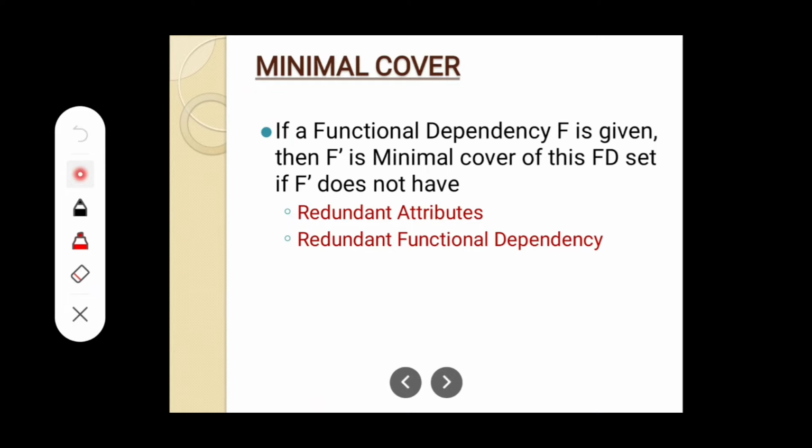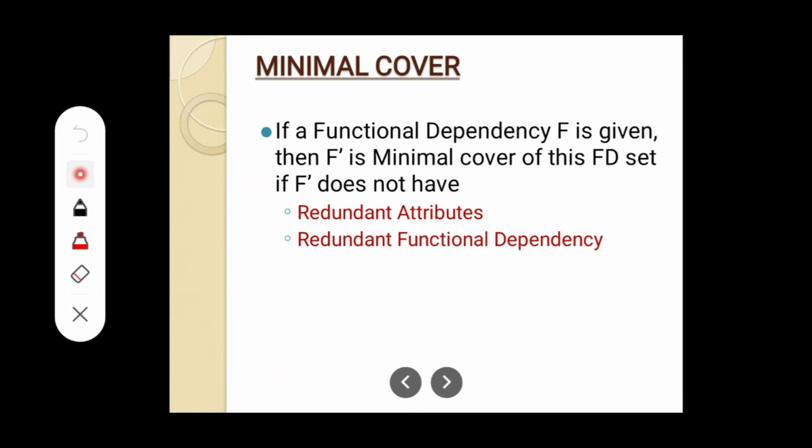Clear? If a functional dependency F is given, then F dash is the minimal cover of this functional dependency set, if F dash satisfies two conditions. F dash should not have any redundant attribute, and also F dash should not have any redundant functional dependency.